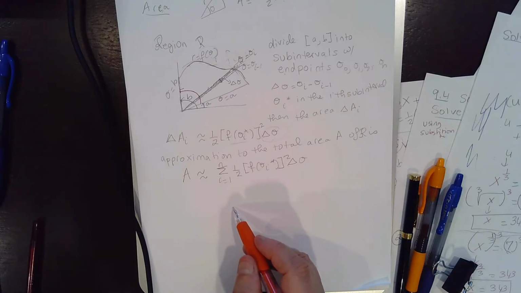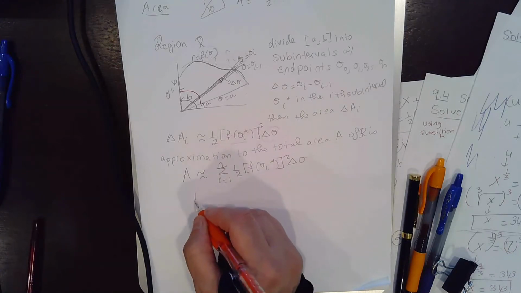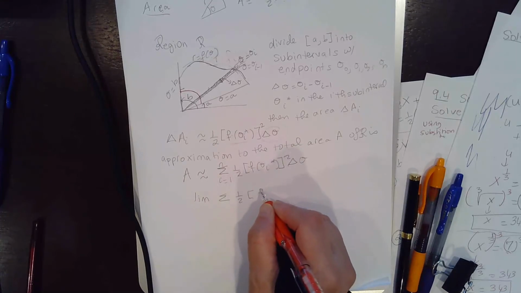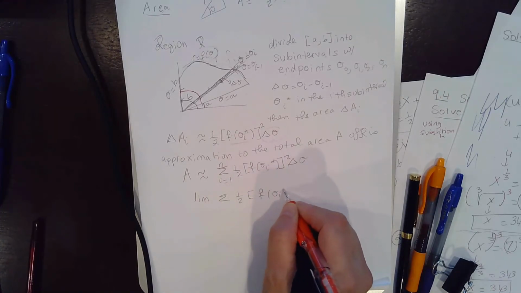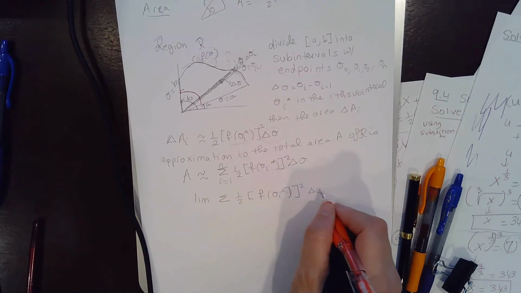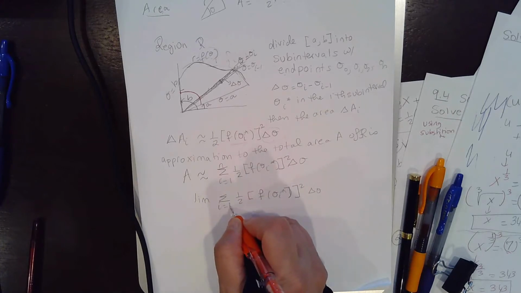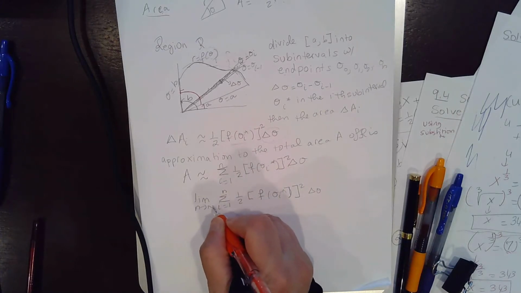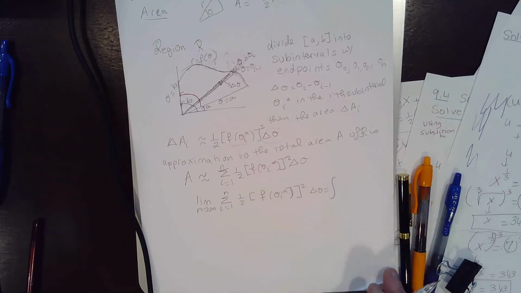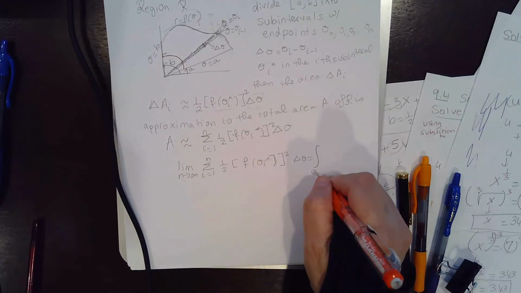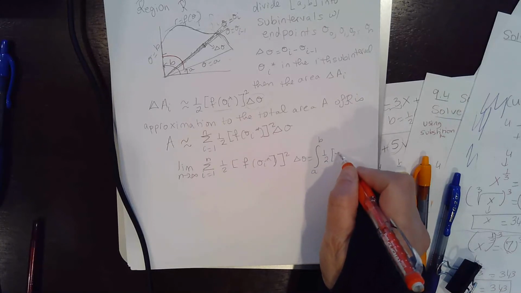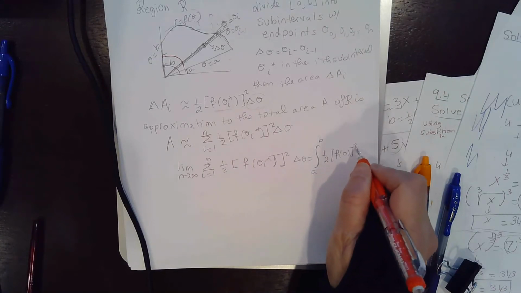So if we take the limit of the sum, 1/2 f of theta i star squared delta theta as i goes from 1 to n and n approaches infinity, then what is this going to give us? It's going to give us the area, using the integral from a to b of 1/2 f theta squared d theta.